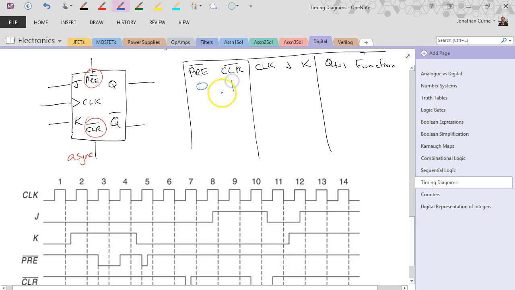So let's fill in the operation of our JK flip-flop with asynchronous inputs.